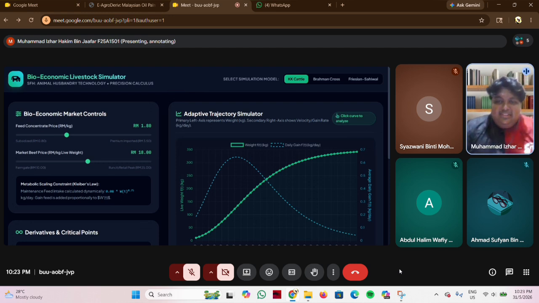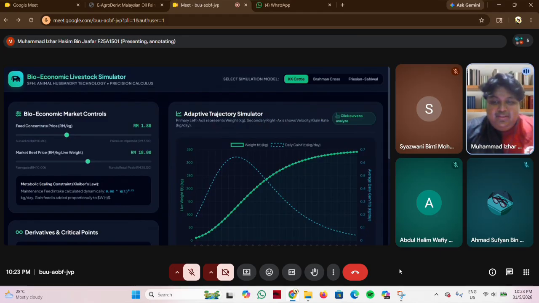Next is the bioscience problem. I chose livestock growth, management and optimization. In livestock farming, it is important to understand how animals grow because growth directly affects production efficiency and profit. Animals do not gain weight at a constant rate throughout their life.